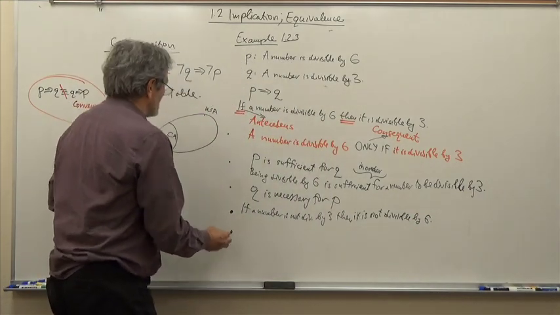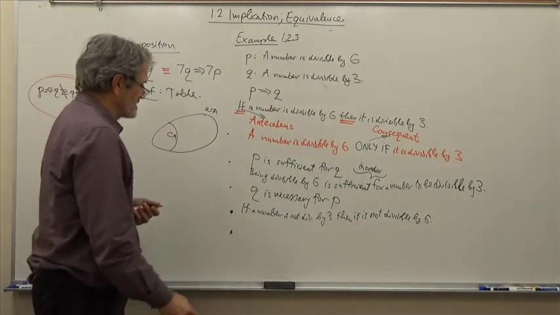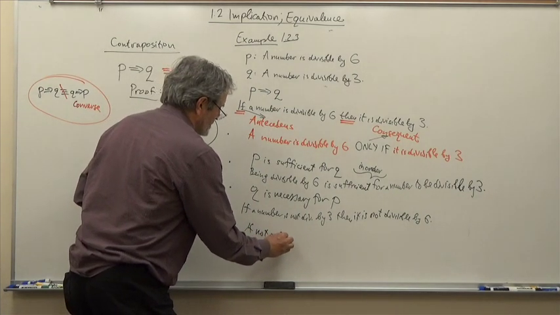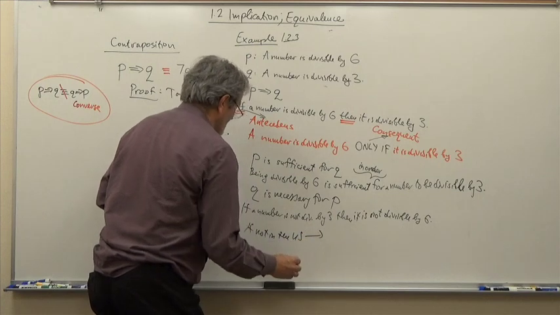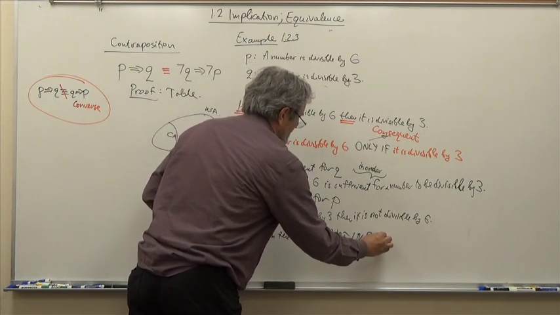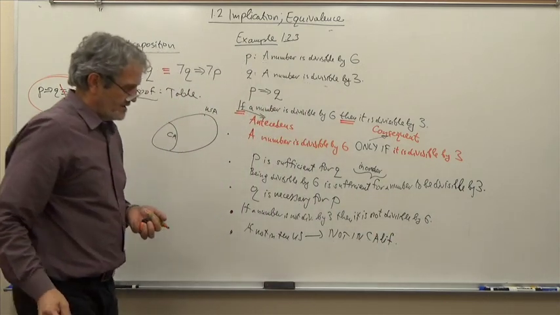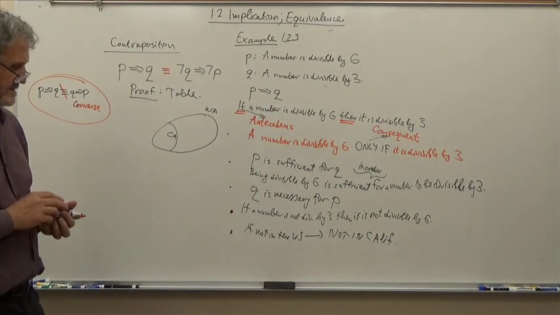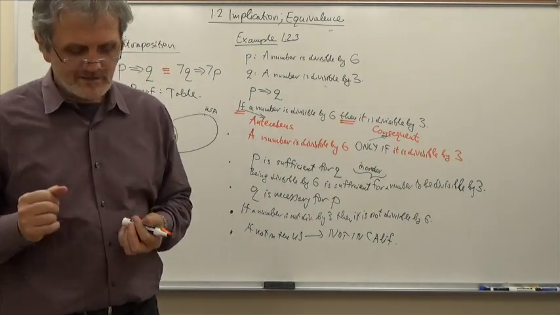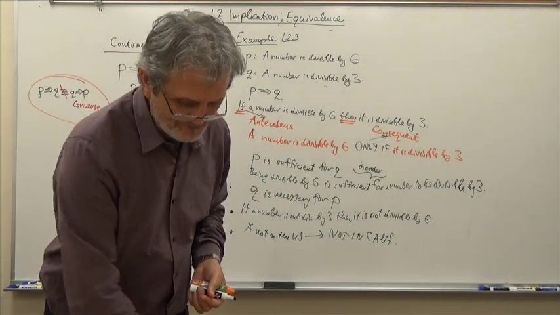And in this geographic description, if not in the US, then not in California. I'm making it along with California so that it's not Canada or something like that, because then the statement gets a completely different meaning.